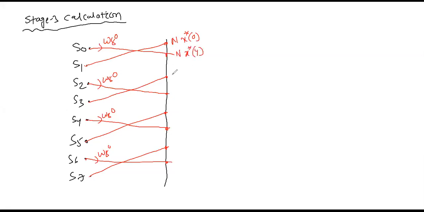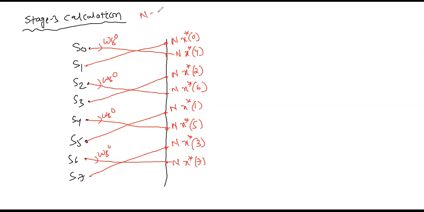Then N into X conjugate 2, then N into X conjugate 6. Then N into X conjugate 1, N into X conjugate 5, N into X conjugate 3, finally N into X conjugate 7. Here capital N is 8, because it is an 8-point FFT.